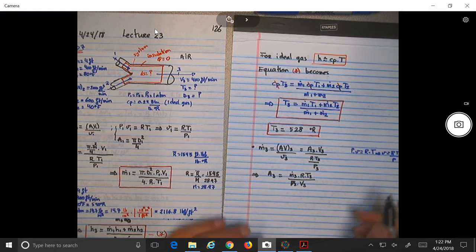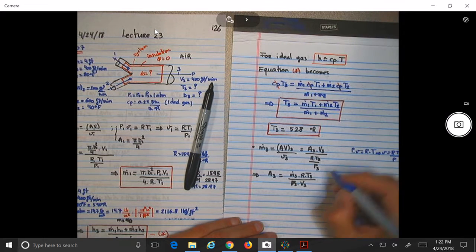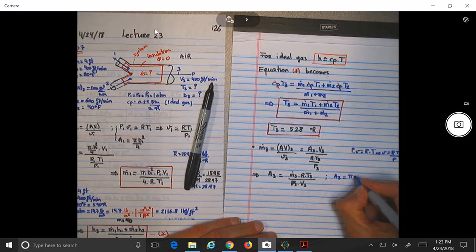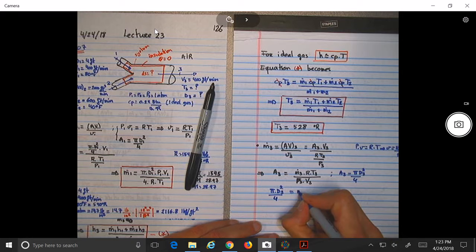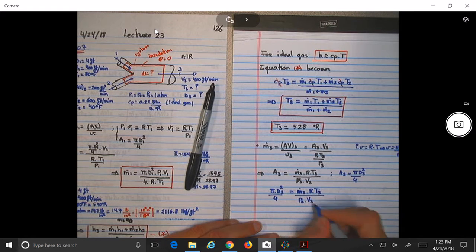P3 V3, okay? And A3 is equal to what? Pi D3 squared over 4, so we have pi D3 squared over 4 equals M3 RT3 divided by P3 V3.